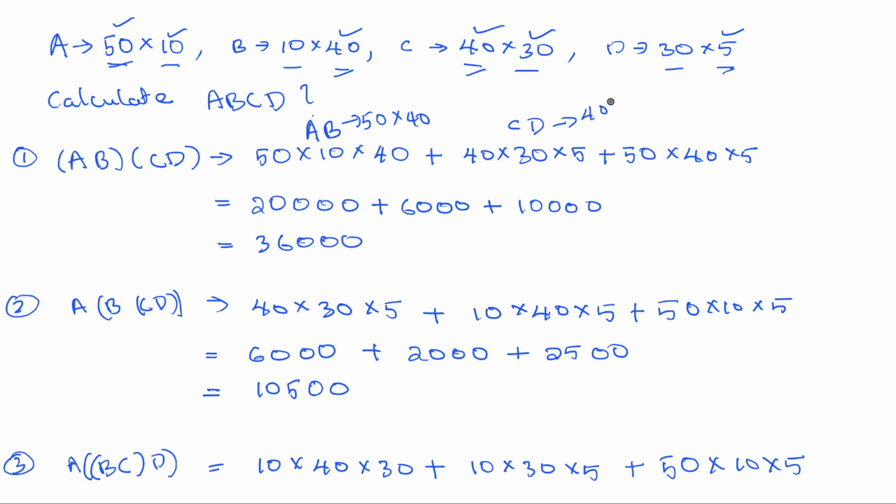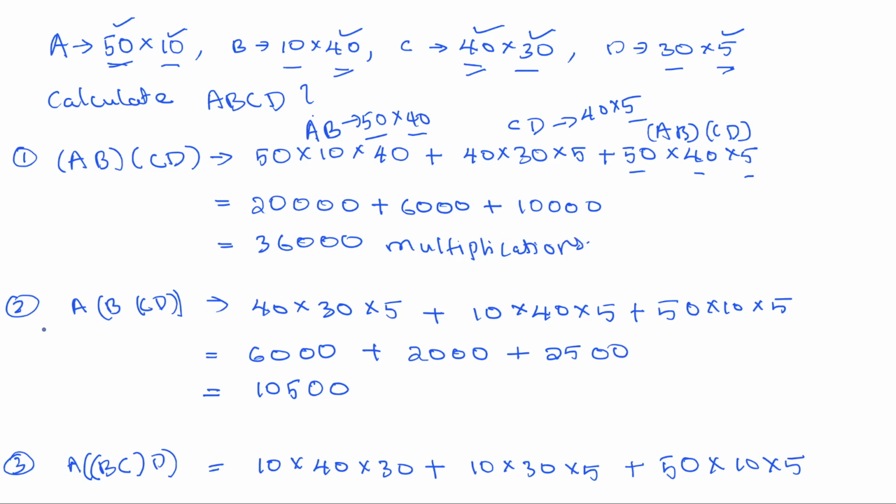If you multiply these two matrices together, the number of calculations required will be 50 into 40 into 5. That is written over here. So this is the number of multiplications required to calculate AB then CD, and if you do the numerical calculations, this will reduce down to 36,000 multiplications.